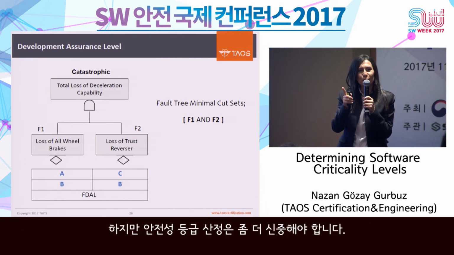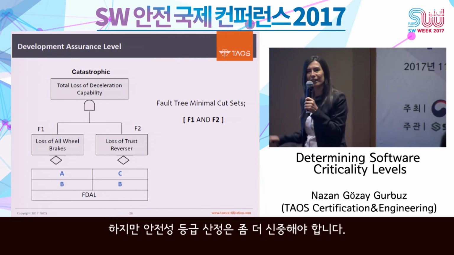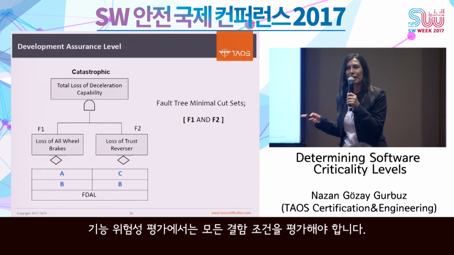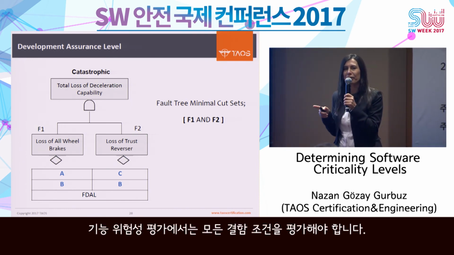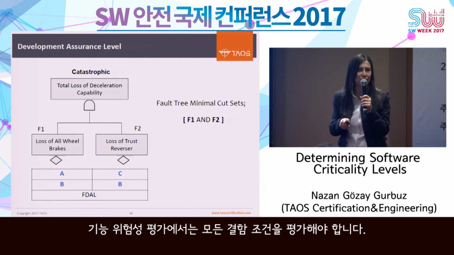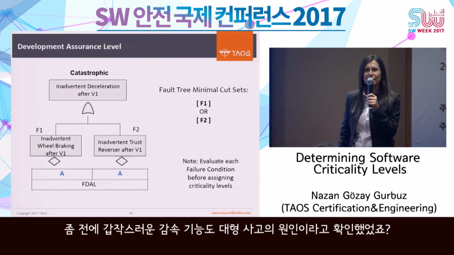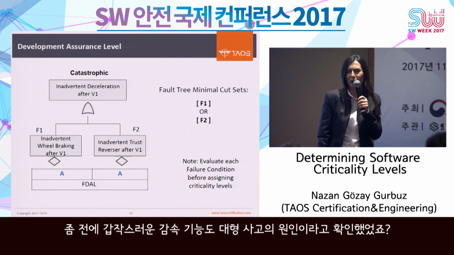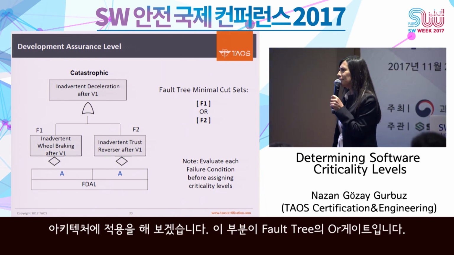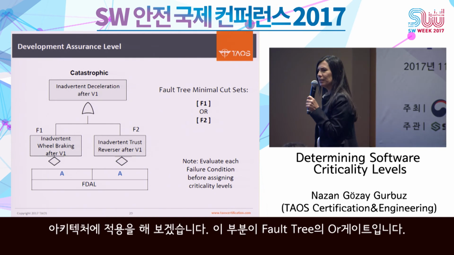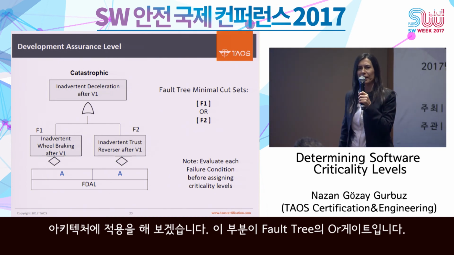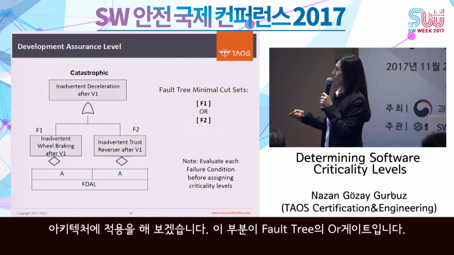But be careful before assigning assurance level, right? We have to evaluate every failure condition in our functional hazard assessment. Remember, inadvertent deceleration was catastrophic too. We identified it.